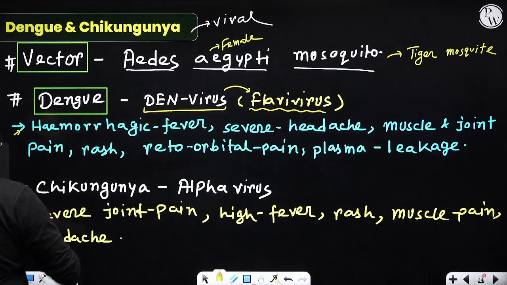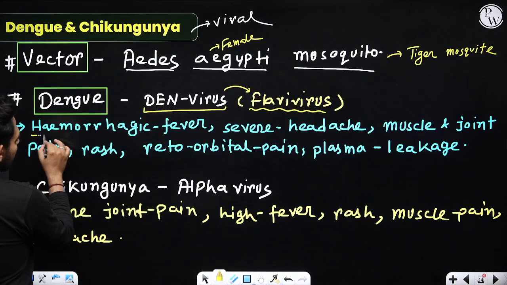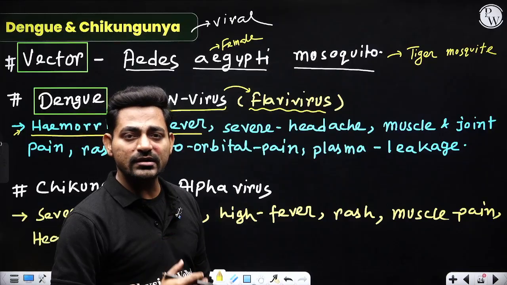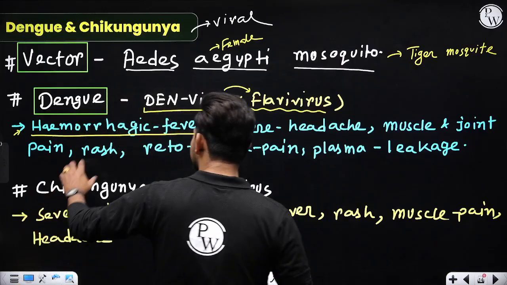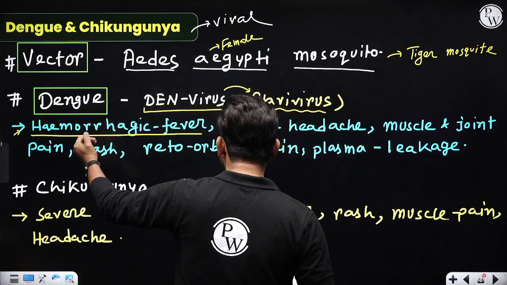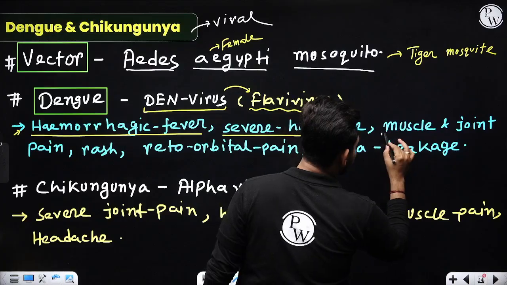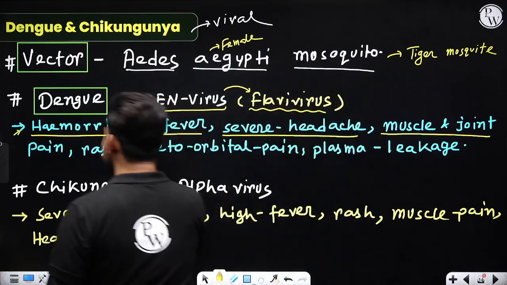Symptoms, if you are infected: hemorrhagic fever, internal damage of organs will be there, that's why high fever with internal hemorrhage, severe headache, muscle and joint pain.